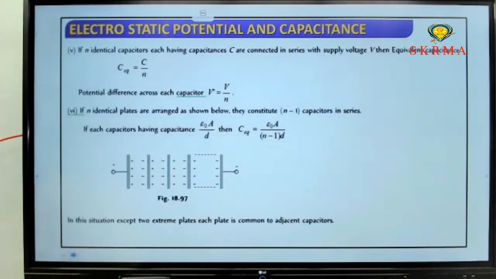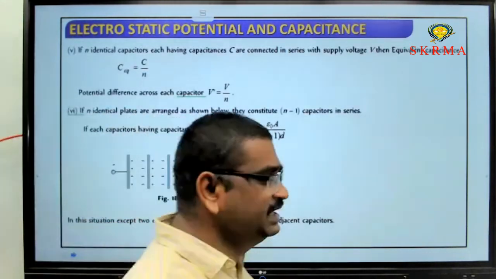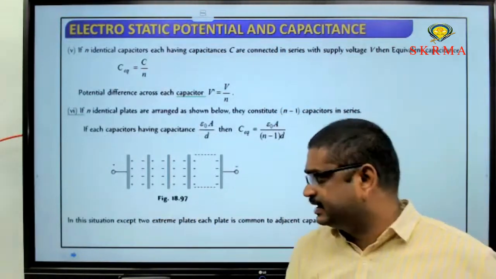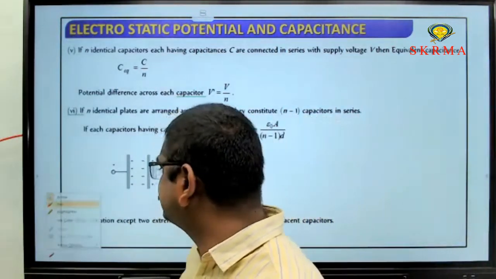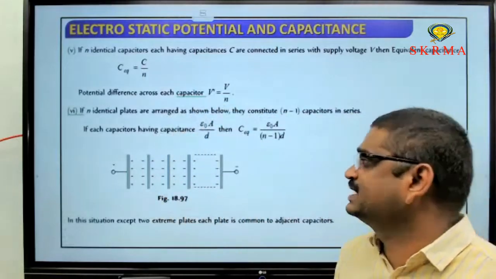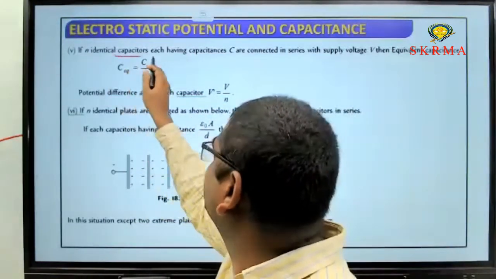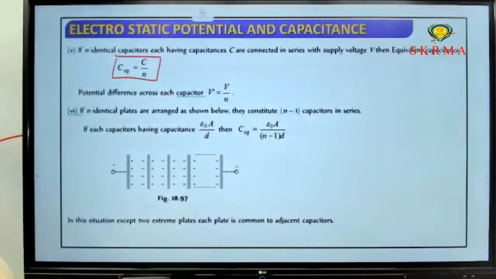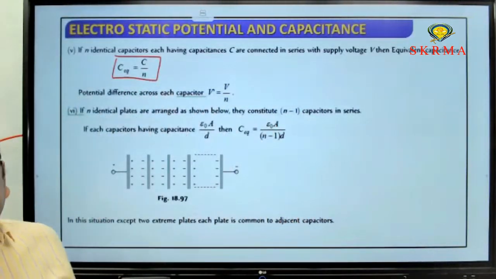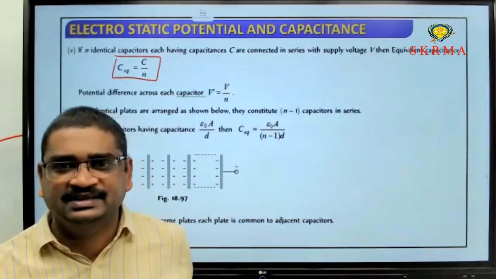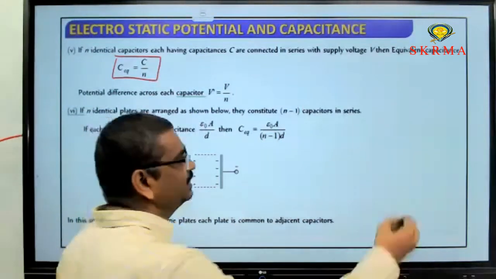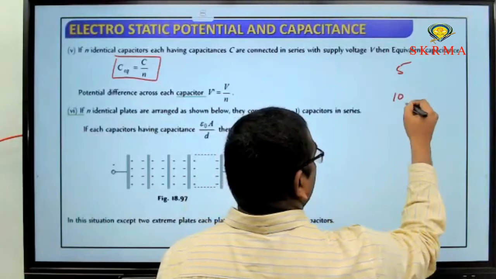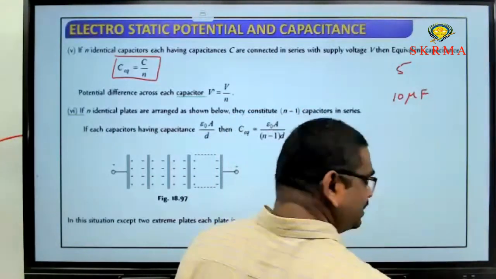Next one. If n number of capacitors are connected in series, then what is the equivalent capacitance? Equivalent capacitance can be written as C by N. For example, 5 capacitors, each of capacitance 10 microfarad, are connected in series.